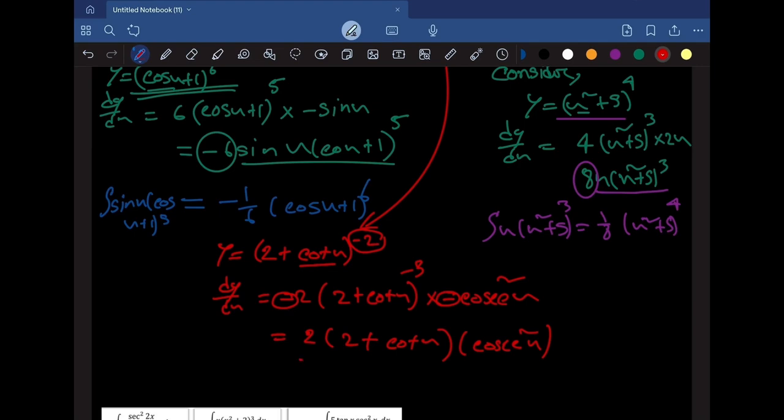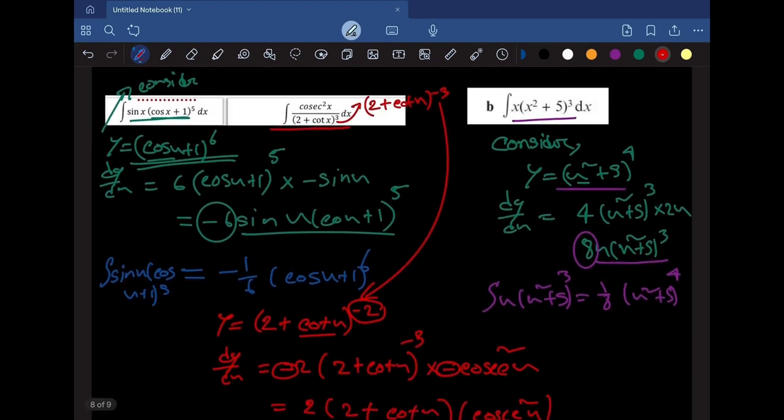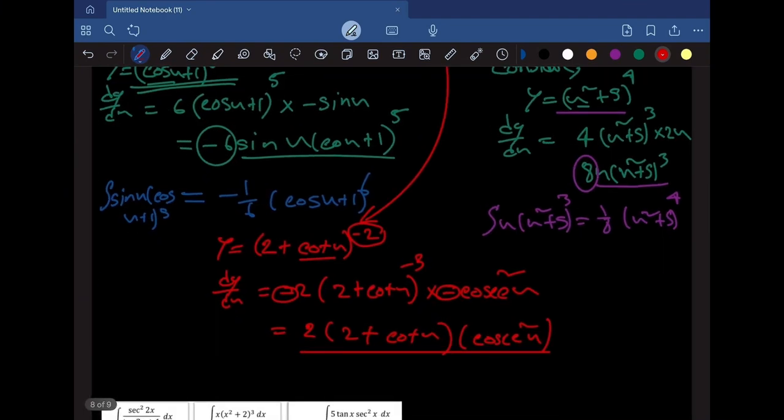Now this equation is exactly the same as this equation, right? Because we can write it down like this: 2 cosec squared x divided by, when this minus 3 goes down, it will become plus 3, so it will become 2 plus cot x to the power of 3, right?